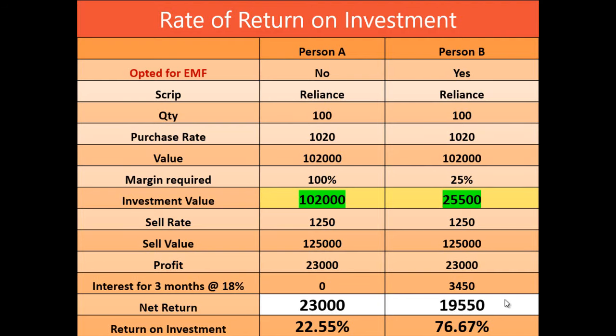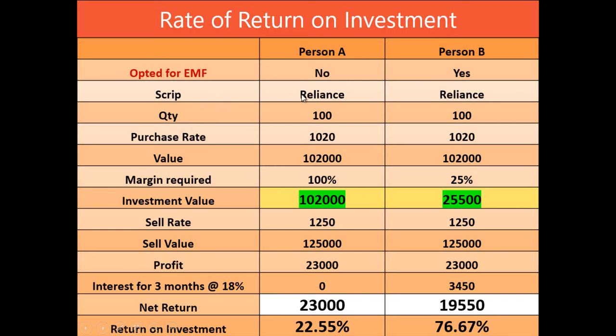Let's understand with an example. When you use EMF, how do you get a return on investment, and through normal buying, what is the rate of return on investment? That is ROI. Say, for example, you have a person A and a person B. Person A has not opted for EMF. Person B has opted for EMF.